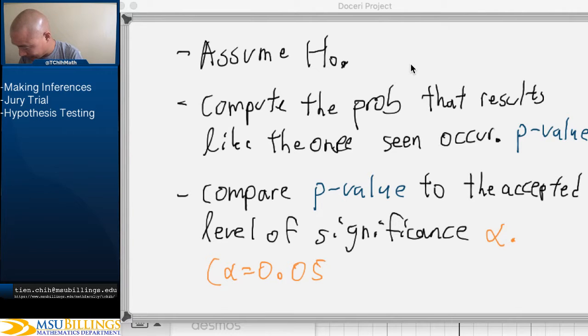By default, alpha is 5%. What alpha represents in this case is essentially a level of error that we're willing to incur.